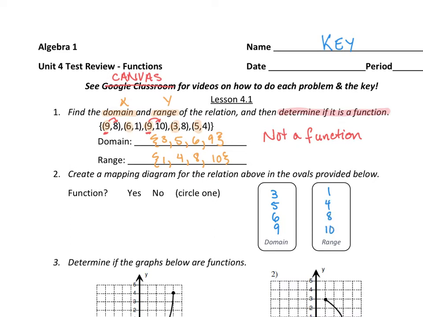And we want to map those. So the 3 maps to the 8, the 5 maps to the 4, the 6 maps to the 1, and this is our problem child, number 9 maps to the 8 and to the 10, which is why you can tell this is not a function.